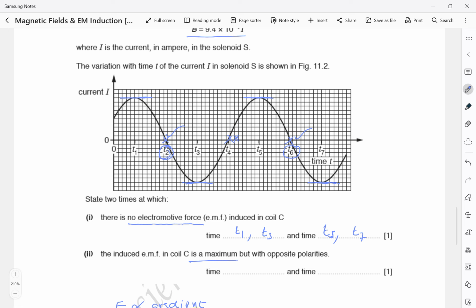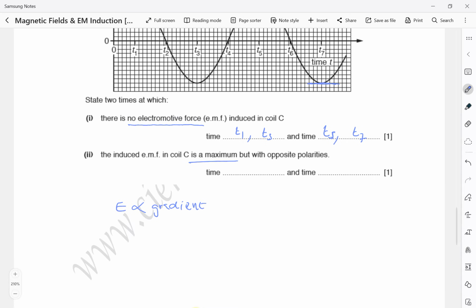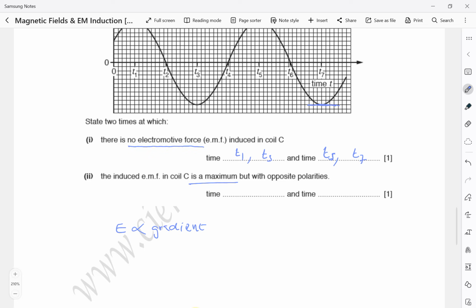However, T2 has opposite sign to T4 because here the gradient is negative, yet here the gradient is positive. So the values of time we are looking for, for which the EMF is maximum but of opposite signs, are either T2 and T4, or T4 and T6.